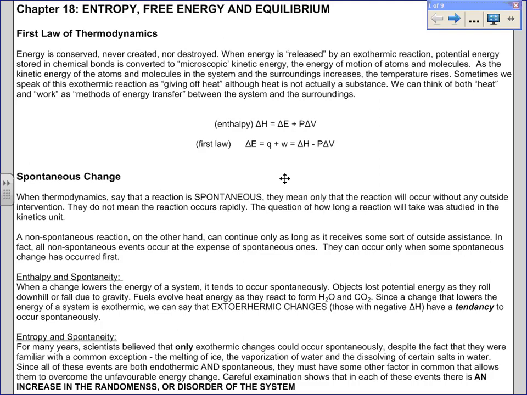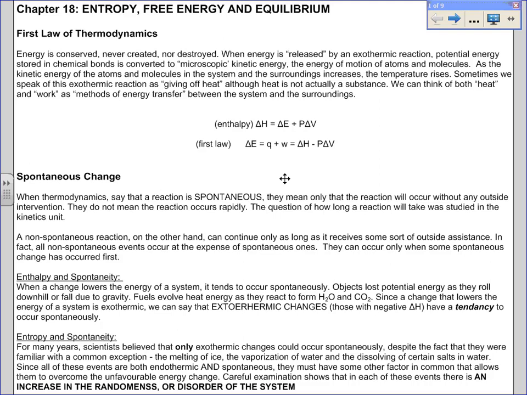So just like an exothermic reaction is favorable because the overall energy of the system is decreasing, systems work towards increasing the disorder. So that is also a favorable process. Now, eventually what we're going to be doing is using what is called Gibbs free energy to look at these two factors together to decide whether or not a reaction is going to occur spontaneously.